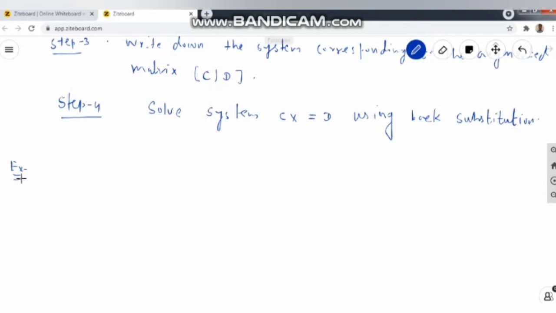Solve the following system using the Gauss elimination method.